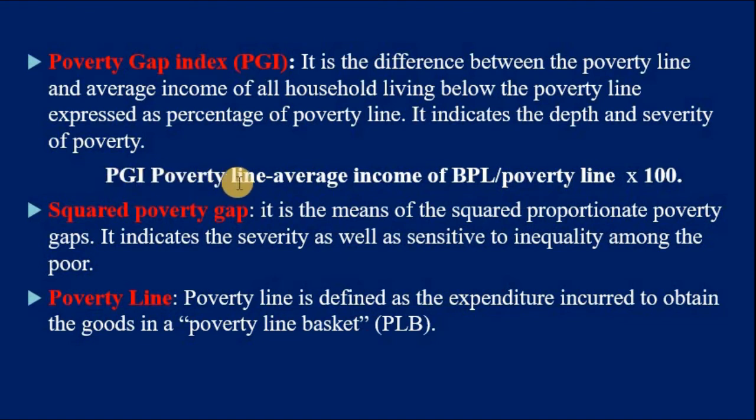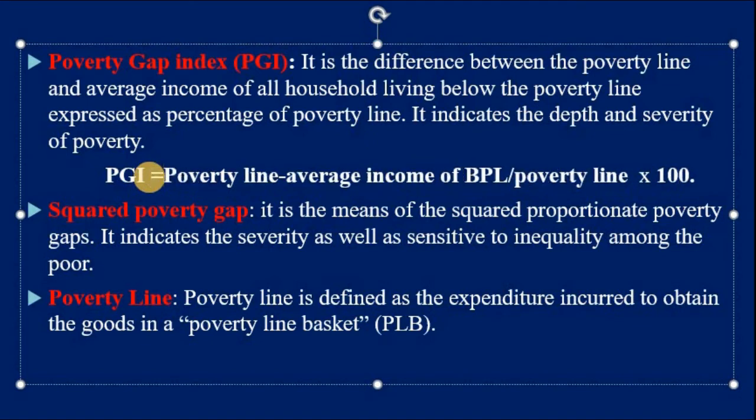Poverty gap index is nothing but the poverty line minus the average income of BPL divided by the poverty line into 100. So then another one, squared.